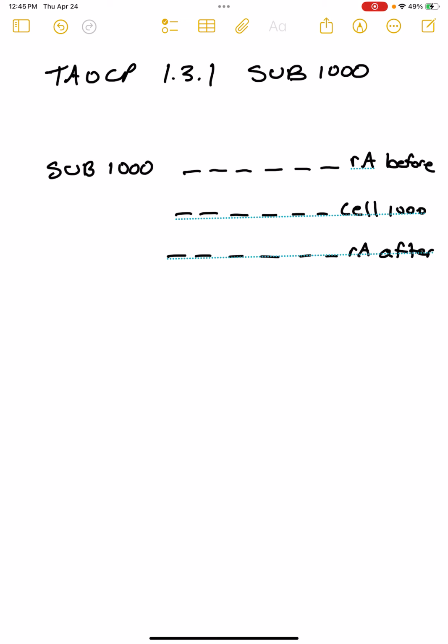Now this one is a little funny, and I can tell you right off the bat I don't fully understand why it is what it is, but we'll go through what the book offers.